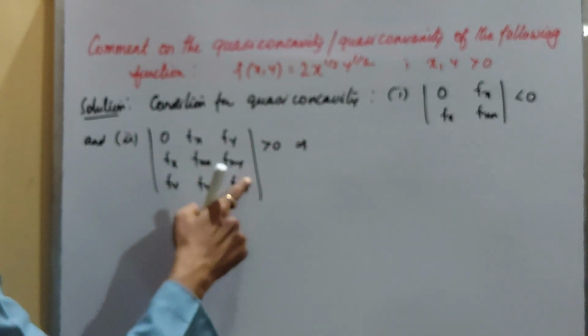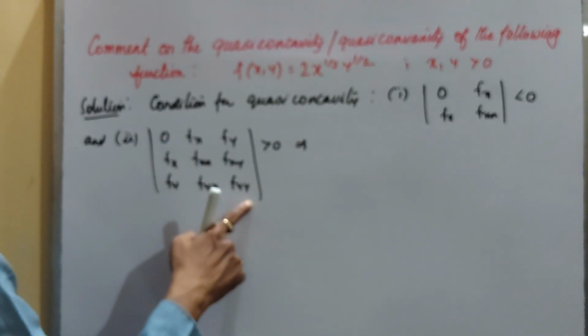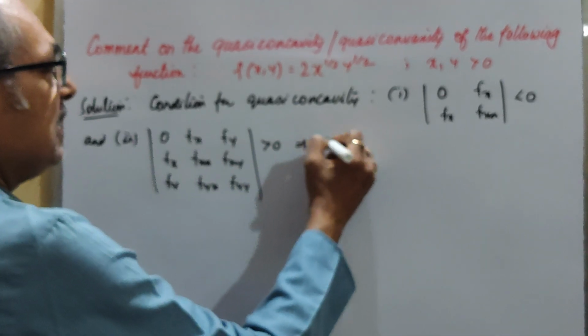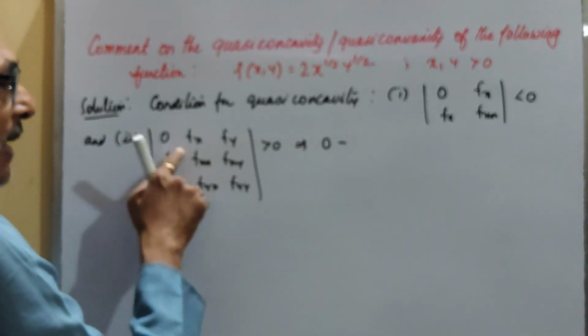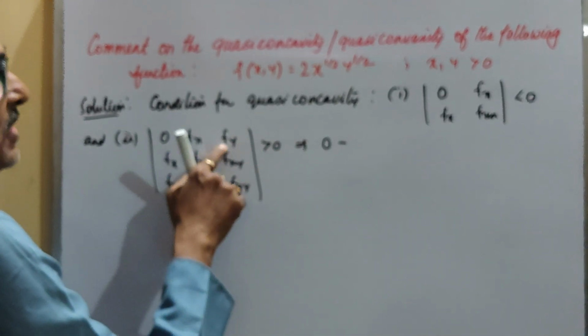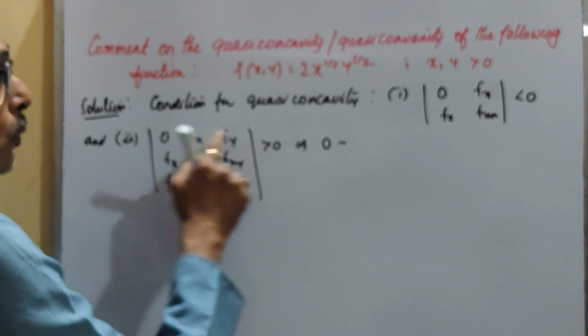Now if we expand this determinant, it becomes 0, then we are expanding this determinant with respect to the first row.